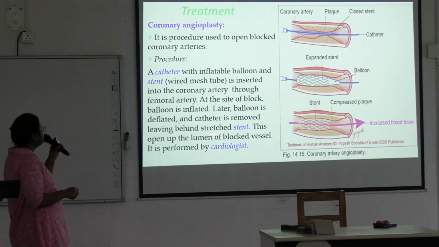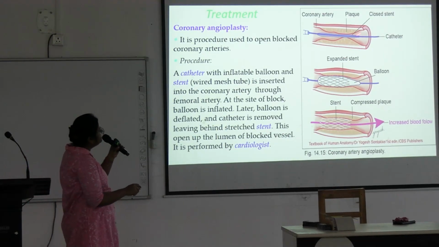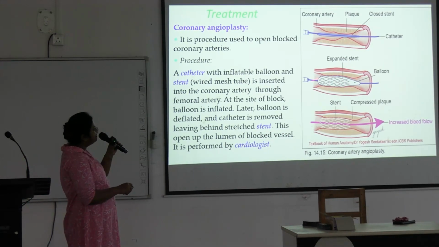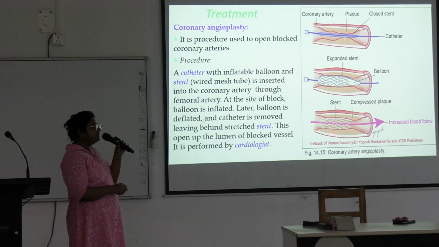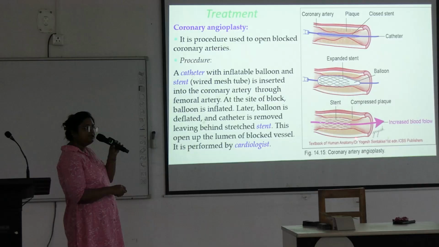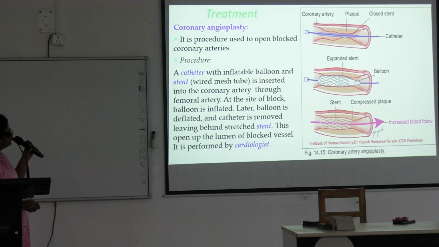And this will open up the lumen of the blocked vessel. You can see here lumen is blocked, mesh is placed, balloon deflated and catheter is taken out, mesh stent is in position, opening up of the vessel. Okay, and this will increase blood flow, and it is performed by the cardiologist.